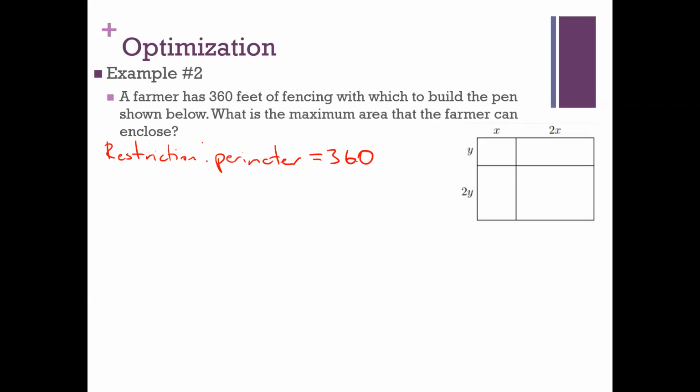So that's a good restriction. That's the reason a maximum exists, because I don't have unlimited material. So what other information is worthwhile to jot down here? The equation for perimeter. That's great, we need that. So how would we get an equation for perimeter here?